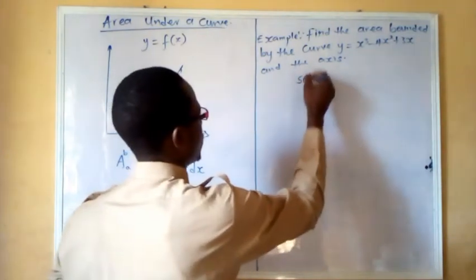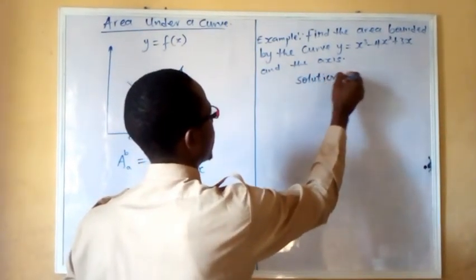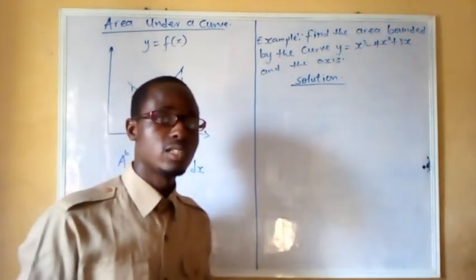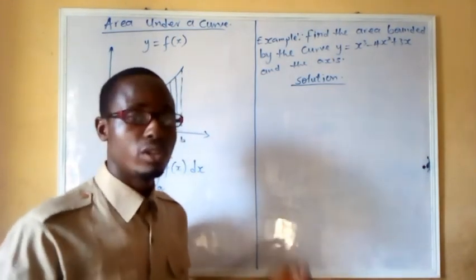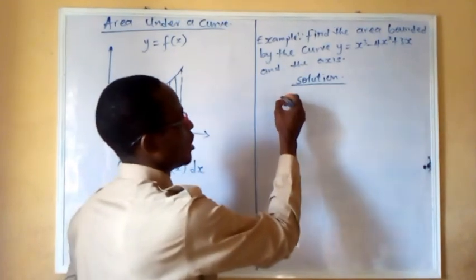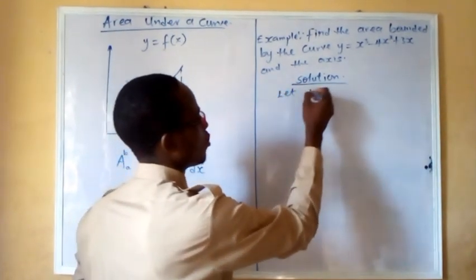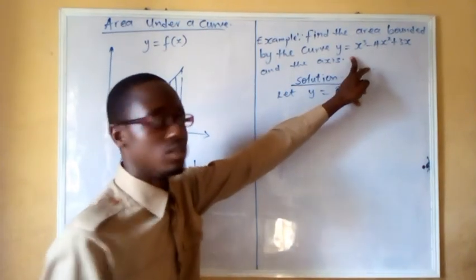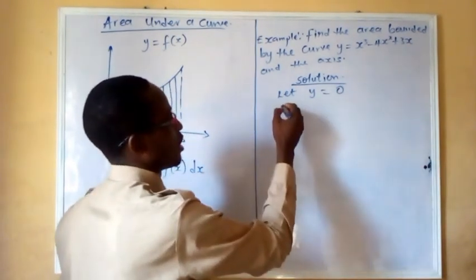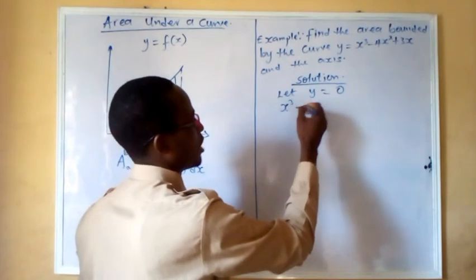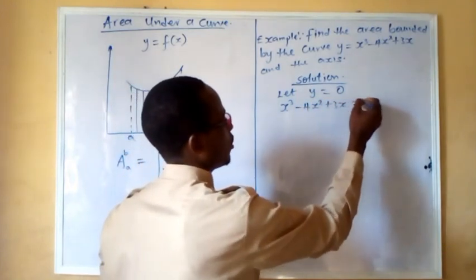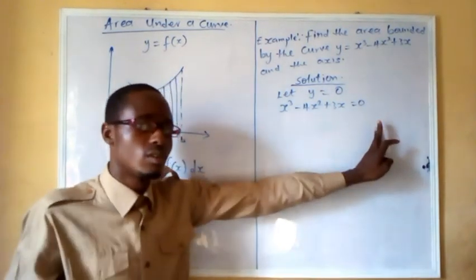Solution. Let's see how we go with that. Firstly, to find the coordinates, to find the values of x, we can just let y equals 0. So if y equals 0, we're going to have x cubed minus 4x squared plus 3x all equals 0.